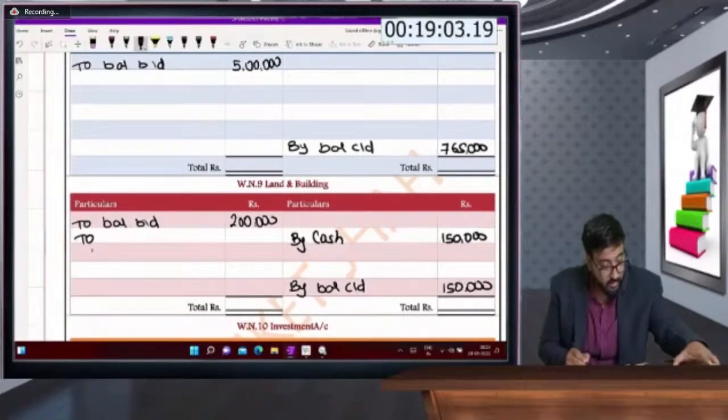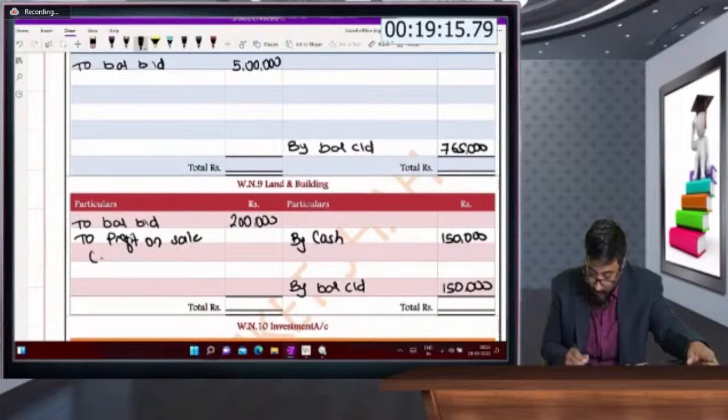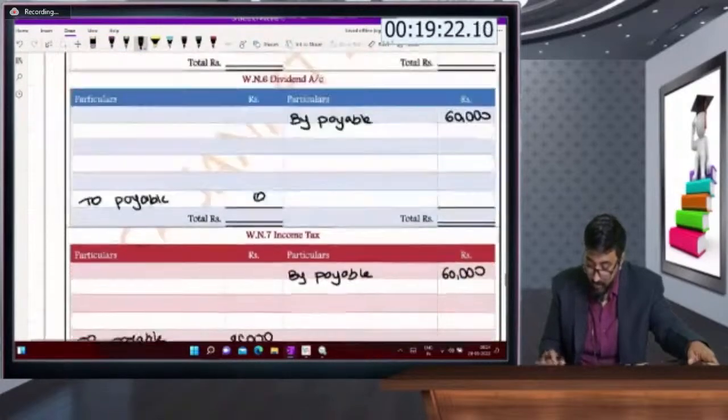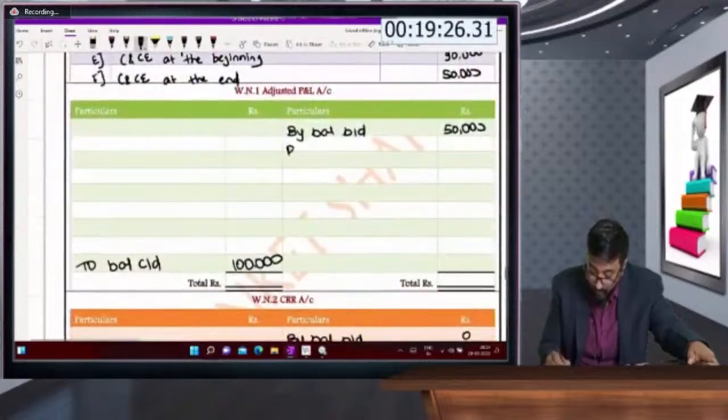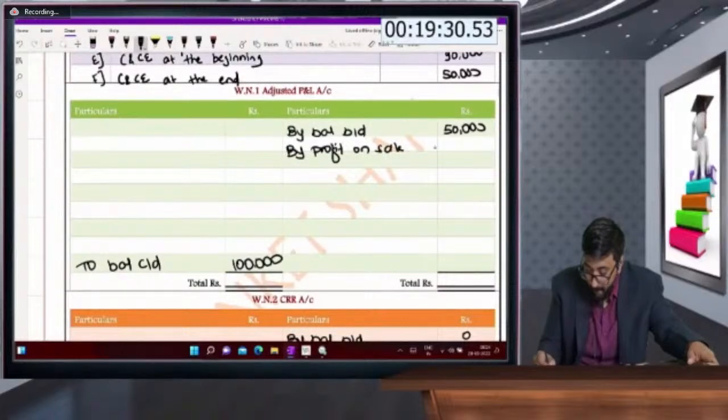Next, to profit and loss account in land, immediately we will record profit or loss. To profit on sale, 150 minus 120, 30,000. And in adjusted P&L, one debit, one credit: by profit on sale, 30,000.